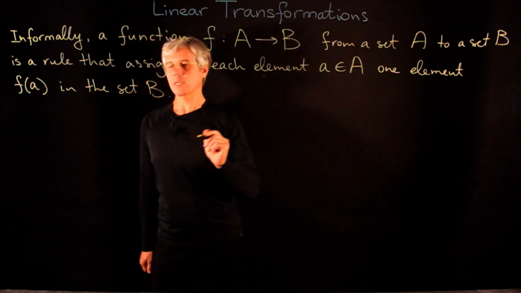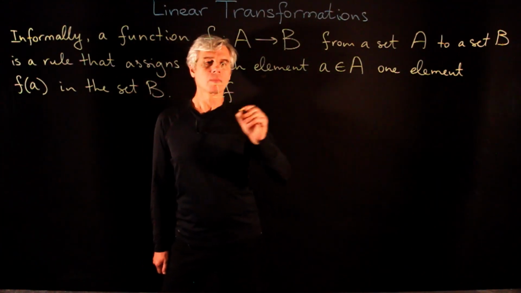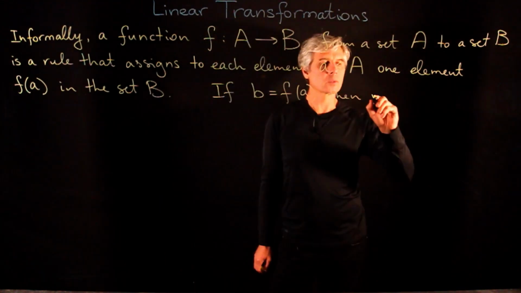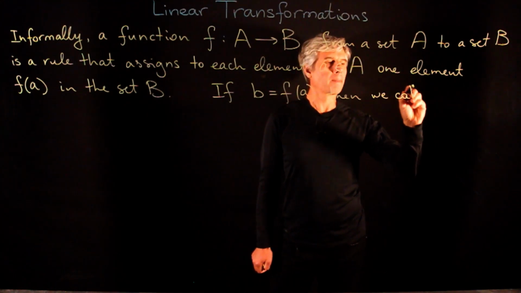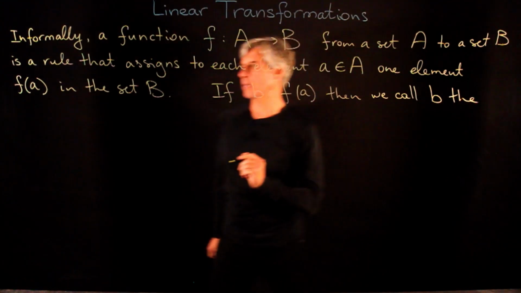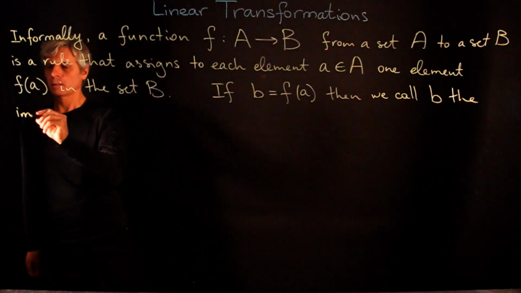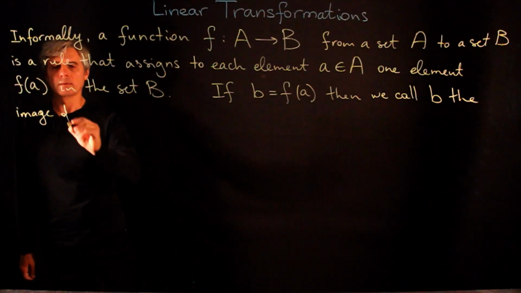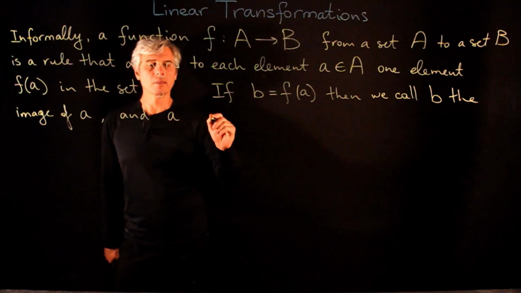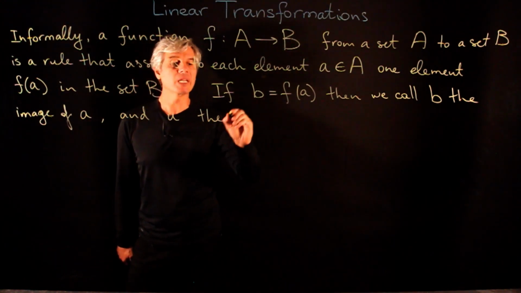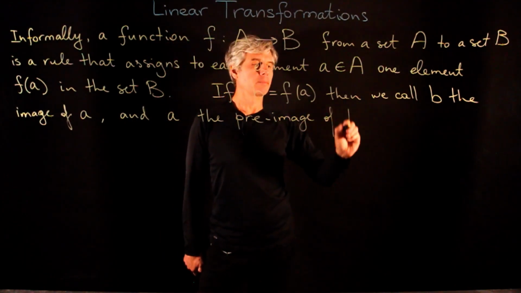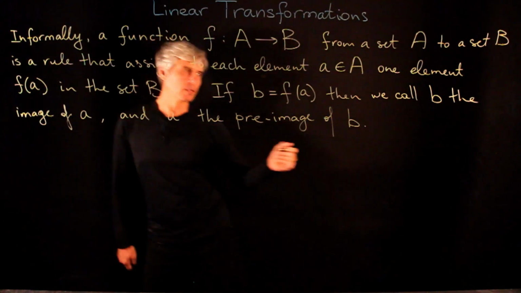Right. So if B is equal to f of A, then we call B the image of A, and A we call the pre-image of B under f.